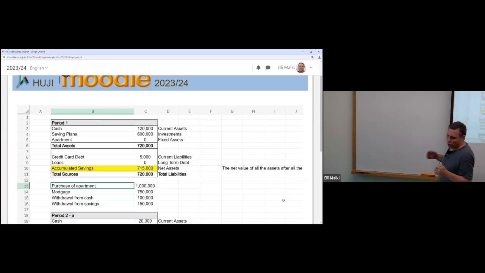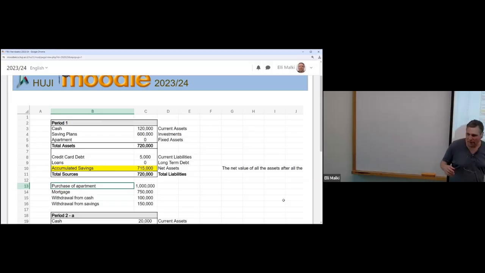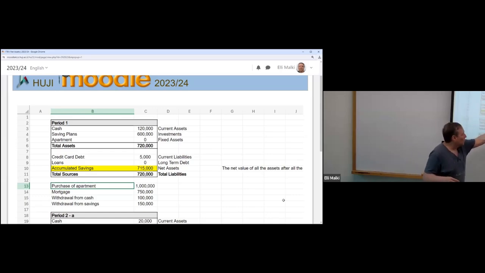So let's say that we have cash of 120,000. In our personal terminology, we will relate to it as cash. In the financial statement terminology, we will relate to it as current assets. Cash is part of current assets. So this is the human language, this is the accounting language.